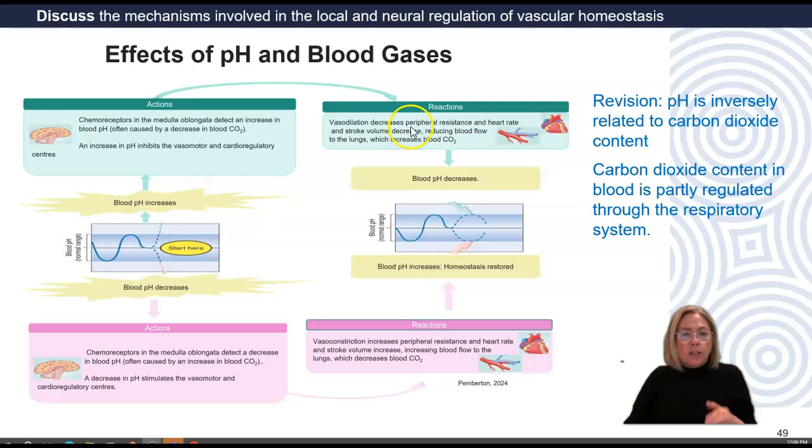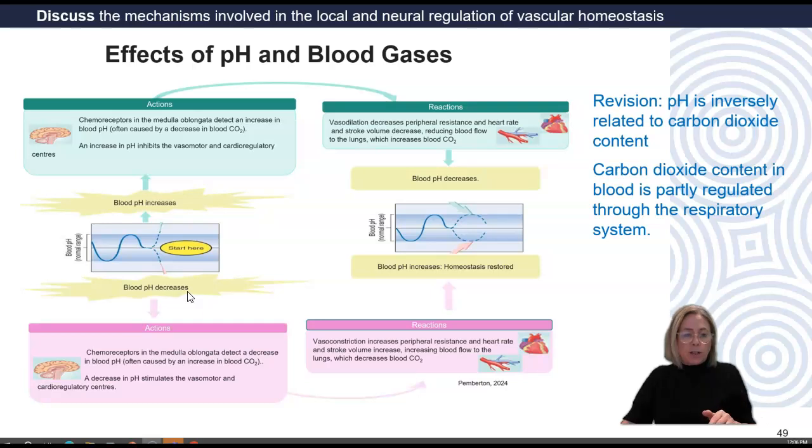The reaction to this is vasodilation, which decreases peripheral resistance, and heart rate and stroke volume decrease. That therefore reduces blood flow to the lungs, which increases carbon dioxide levels in the blood. And as a result of that, blood pH decreases and the blood pH homeostatic range is maintained.